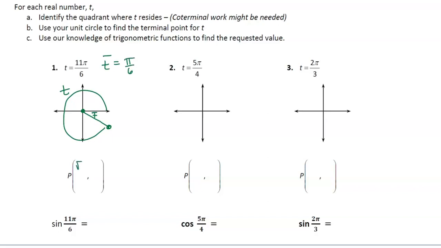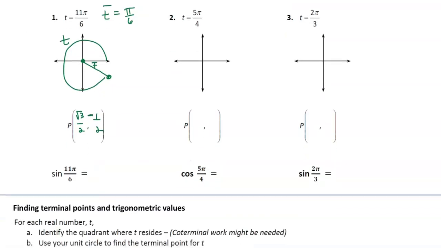That's where I got the values root 3 over 2 and 1/2. But in the fourth quadrant, the y is negative, so that's my appropriate pairing. Sine of 11 pi over 6 will be negative 1/2 because sine is a second value.